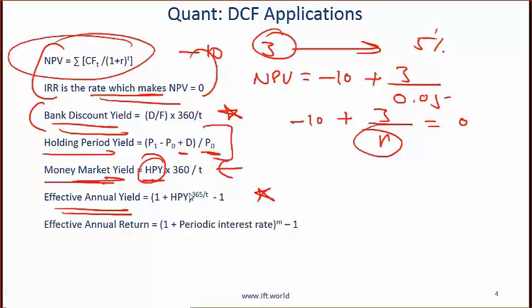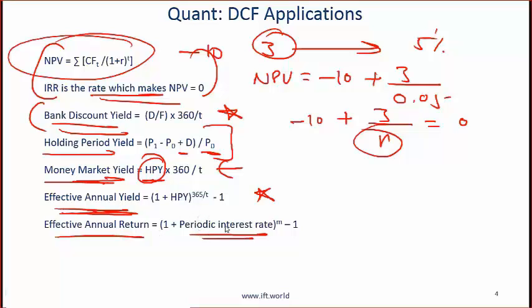Now here is something that I have seen students get confused about. Students think that effective annual yield and effective annual return are different because the formula is different. They are written differently, but they are really the same thing. If you think about it, let's say that you are taking a bond with 2 semi-annual periods, then the periodic interest rate is the interest rate for the 6-month period, which is effectively a 6-month holding period.